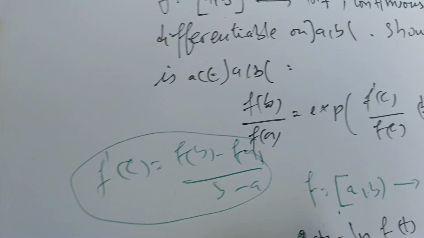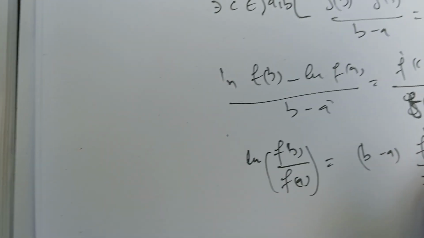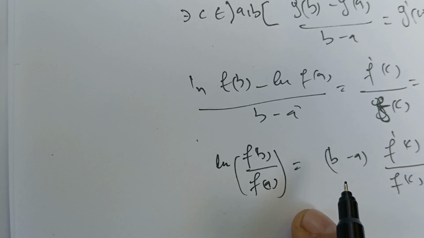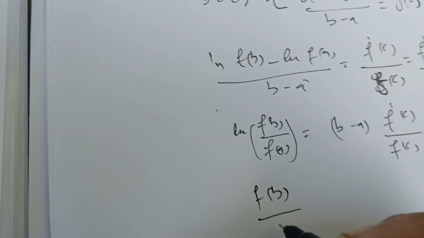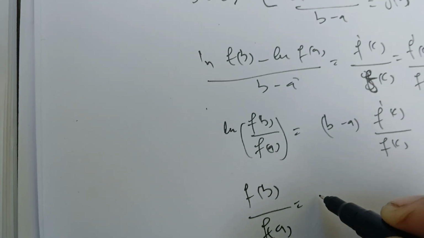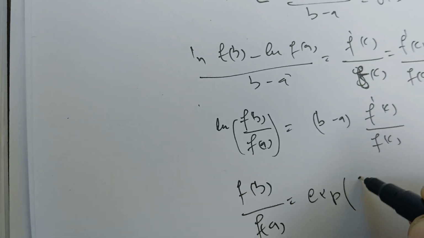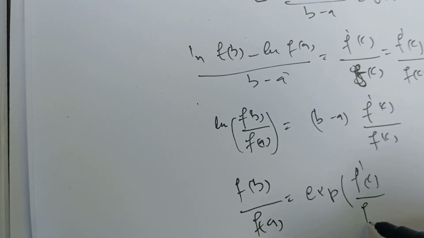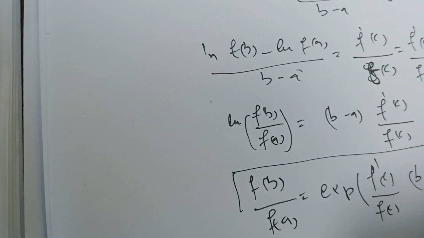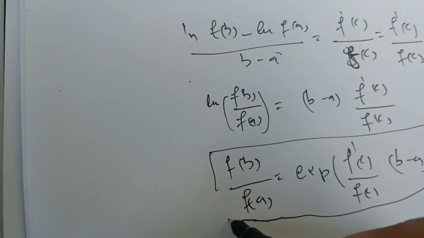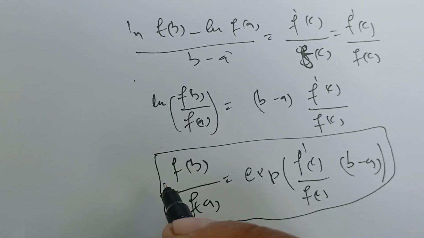To get the result that we need, we take the exponential of both sides. So f(b) over f(a) is the exponential of f'(c) over f(c) times (b − a). And this is what we need.